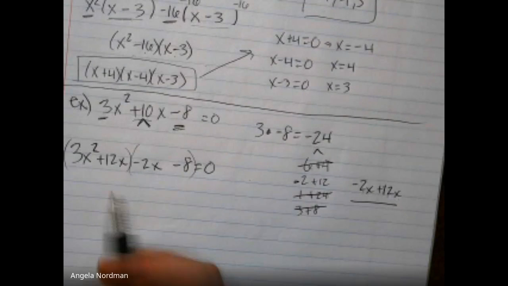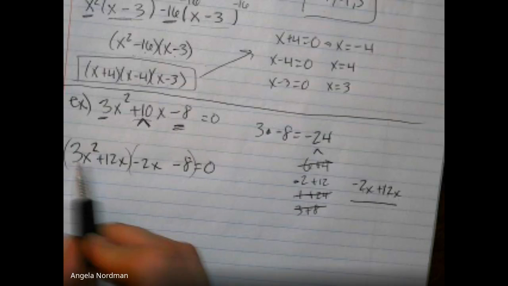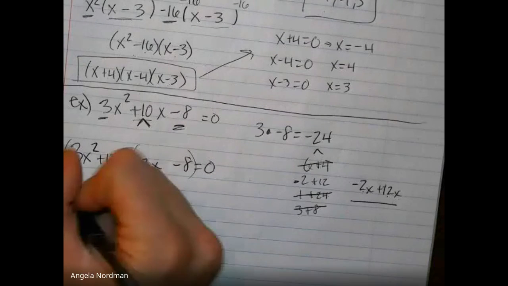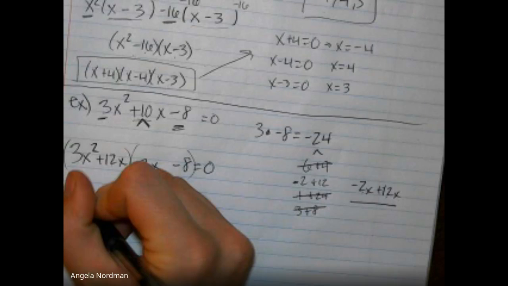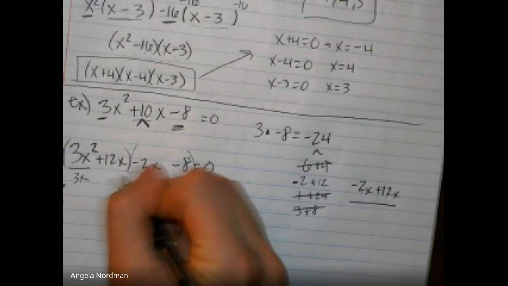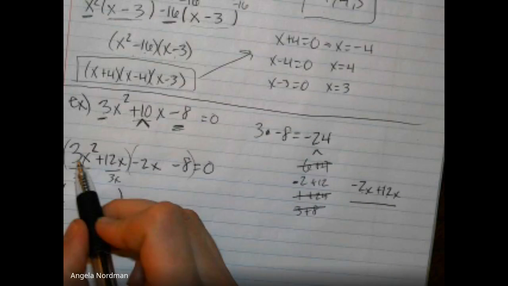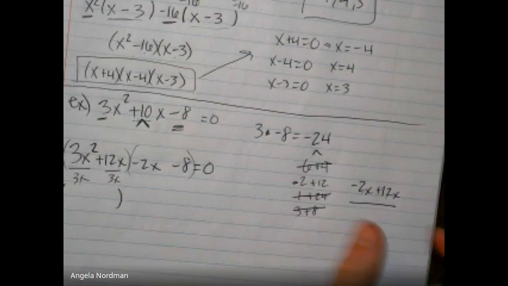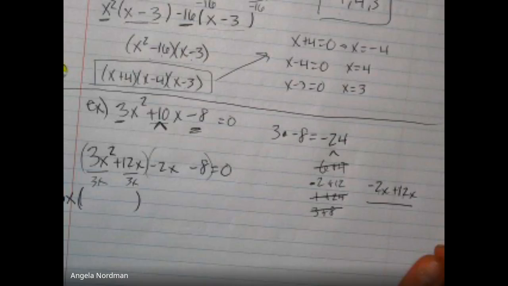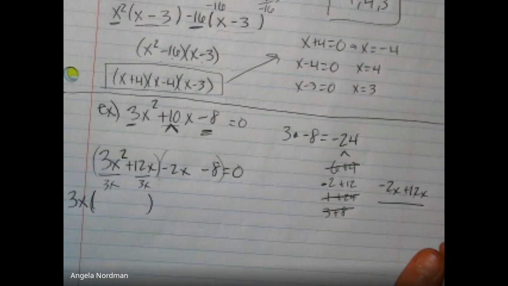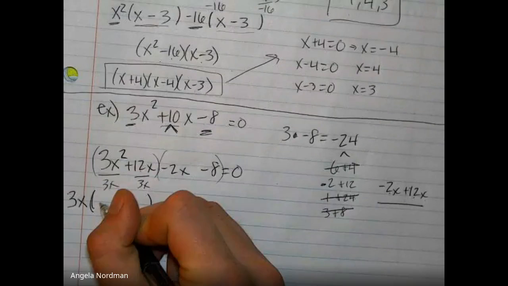So between 3 and 12, they have the common factor of 3. Between x squared and x, they have the common factor of x. So let's figure out what is left over. 3x squared divided by 3x would be just x.